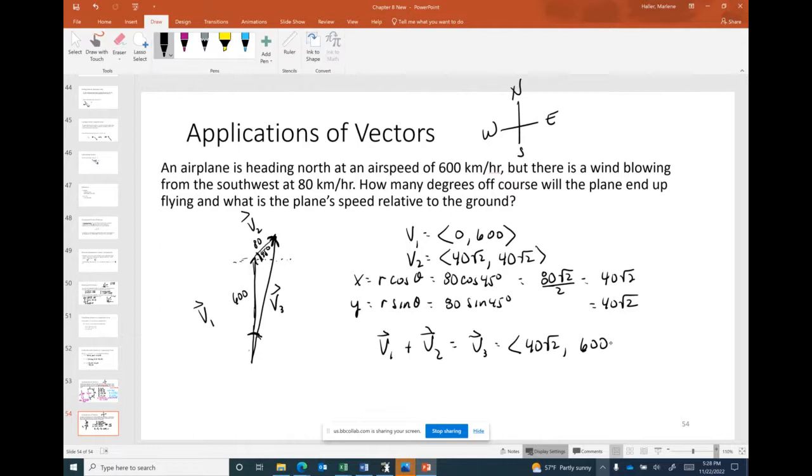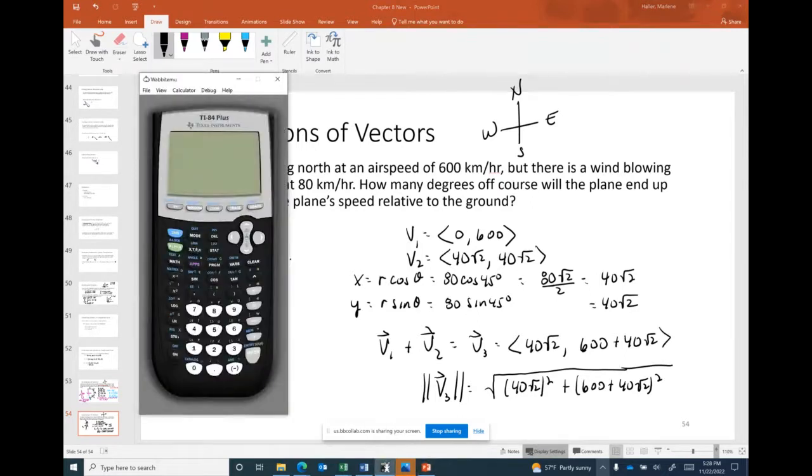Now for the vertical, that's going to be 600 plus 40 square roots of 2. All right, so that's the component form. Now to find the magnitude of V3, we just take the square root of the sum of the squares of those: the square root of 40 square roots of 2, squared, plus 600 plus 40 square roots of 2, squared.